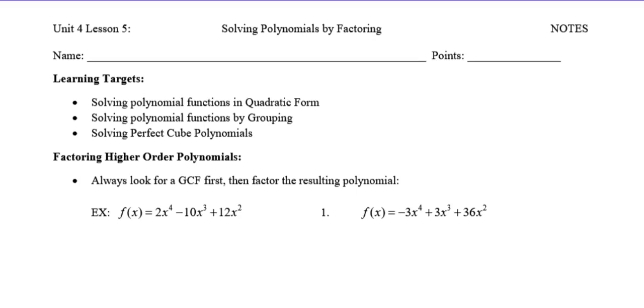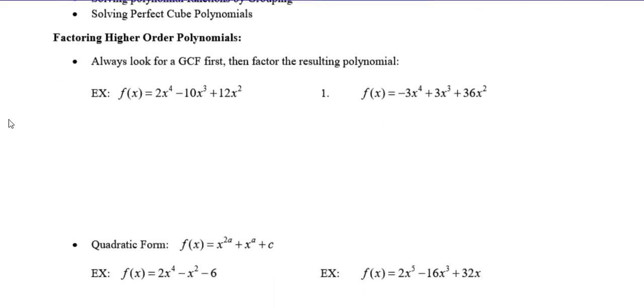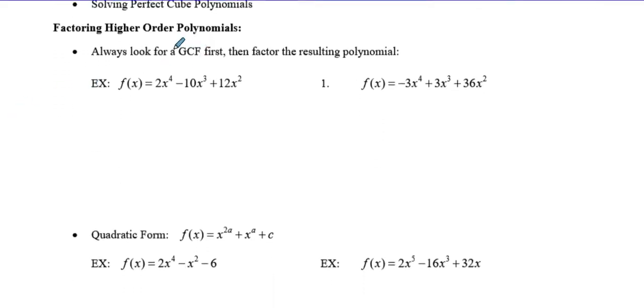Let's begin with the first step you should always look for when factoring: the greatest common factor, the GCF. In this example, I see 2x to the fourth, negative 10x to the third, and positive 12x squared. Each term shares a 2x squared.